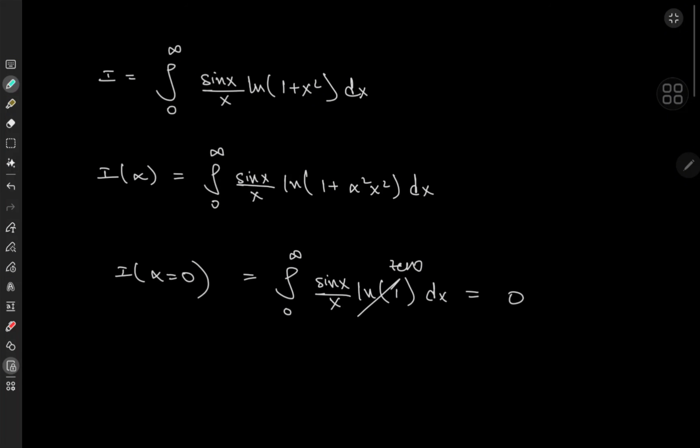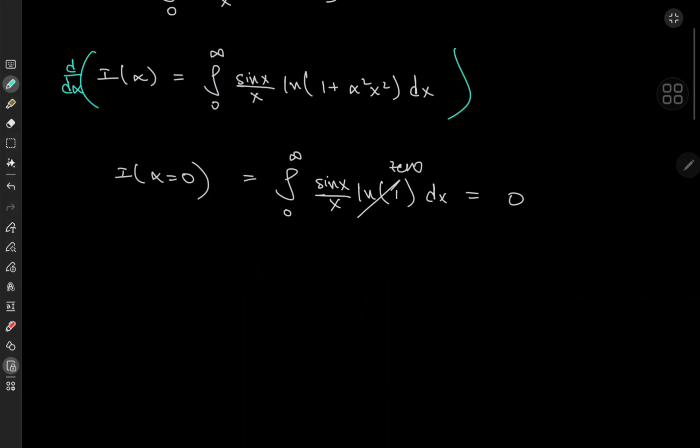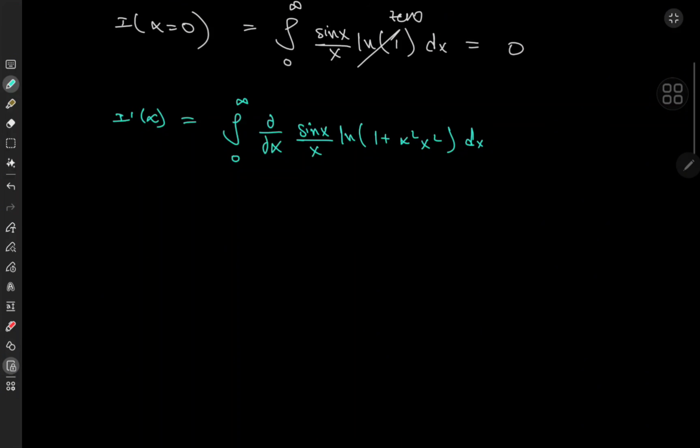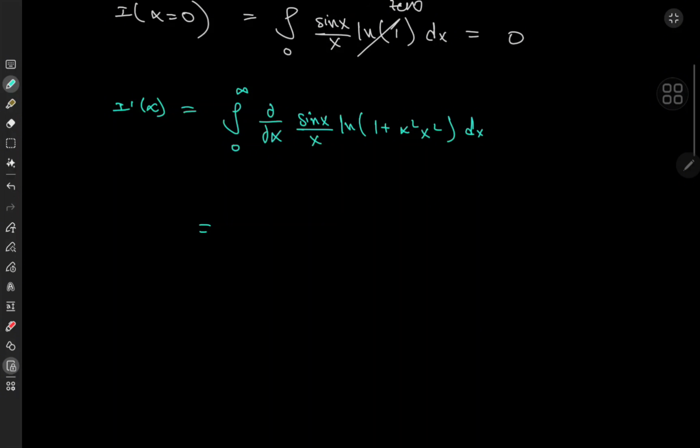So as always, the idea is to differentiate this thing with respect to the alpha parameter. That yields I prime of alpha equal to the integral from 0 to infinity of the partial derivative with respect to alpha of sine x over x times log of 1 plus alpha squared x squared dx. Now, of course, the sine x over x term is independent of the alpha parameter.